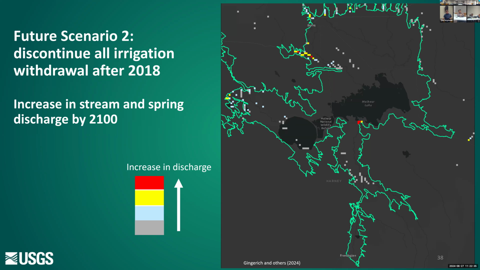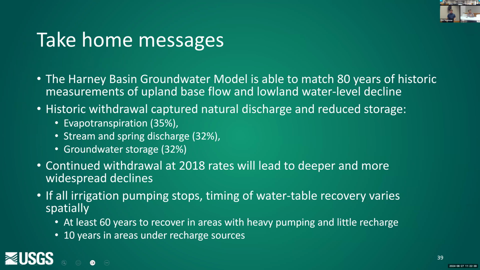And so that's the last map, and then I just wanted to reiterate the take-home messages. Basically, the model has been built and it's able to match 80 years of the historic water level record and the base flow record from the uplands. And we're able to match those lowland water level declines in different areas, even the most heavily pumped and strange geologic areas.